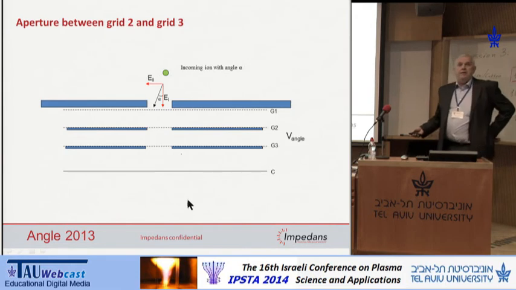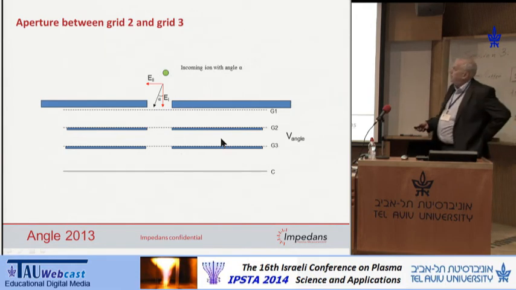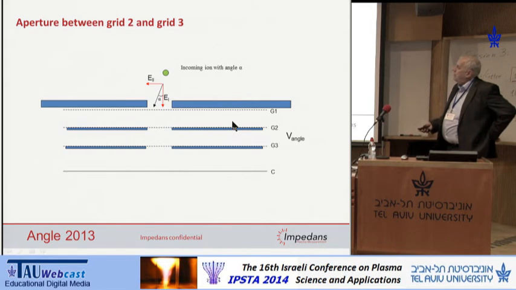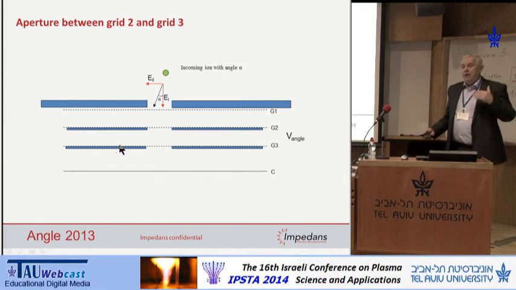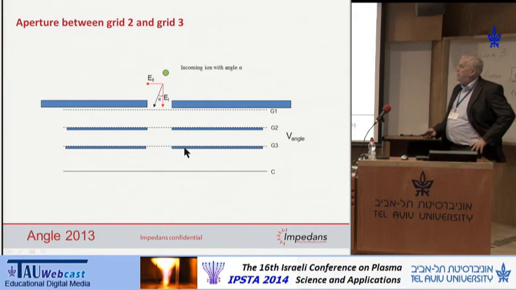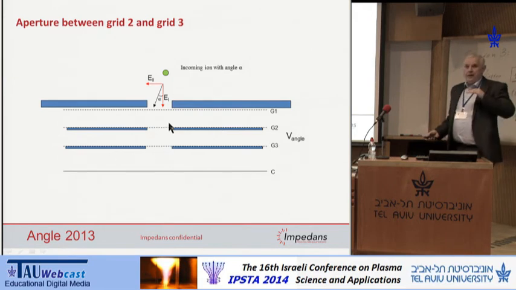So how will this work in practice with a gridded energy analyzer? So we have an ion coming in here with its two component energies. And we apply to this grid and to this grid a retarding potential, which is used to measure the energy of the ions. So as we increase this retarding potential, ions are stopped.